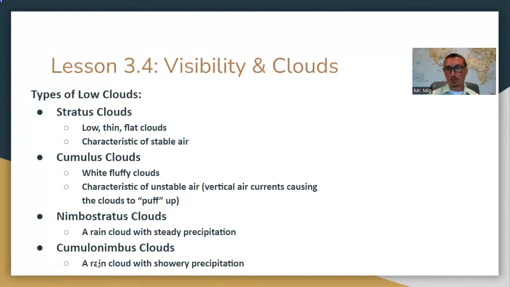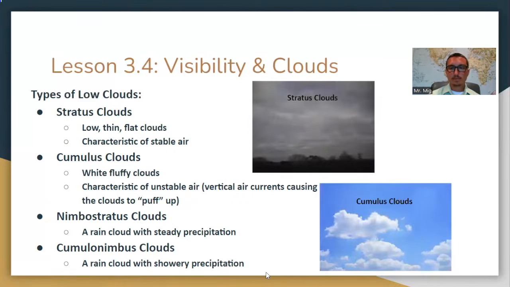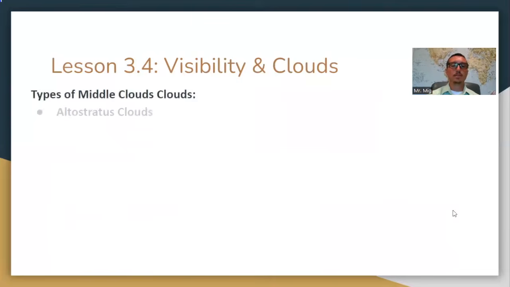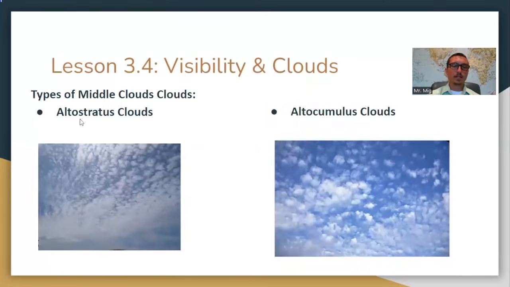Cumulonimbus, that's your thunderstorm, is going to have showery precipitation and unstable air. There are some pictures. I won't go into these as much. Just know your middle clouds, your altostratus clouds and your altocumulus clouds.